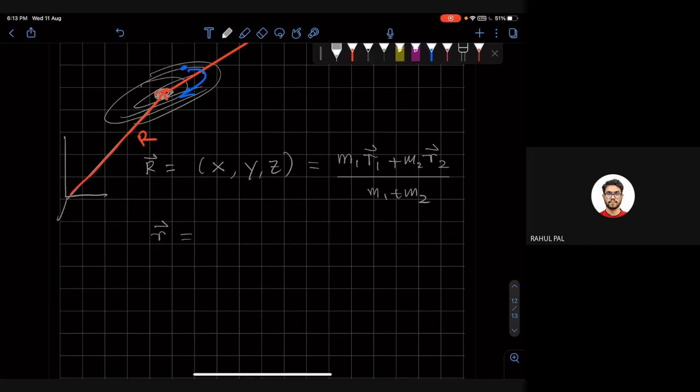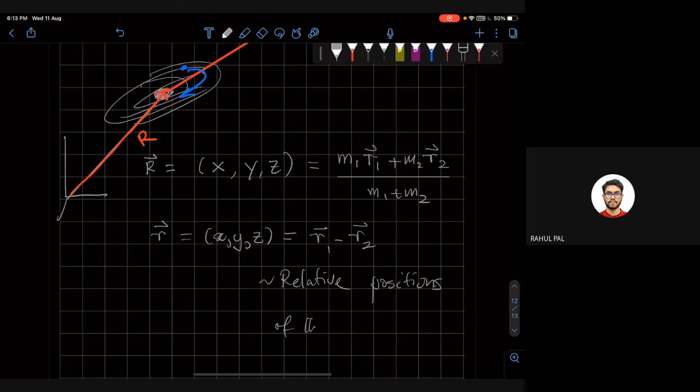Small r will have components small x, small y, small z, and that will be just r1 minus r2. So this is the relative position of the particles.